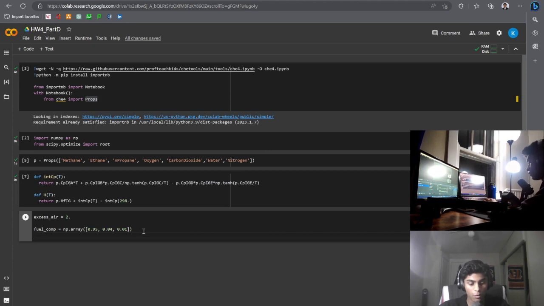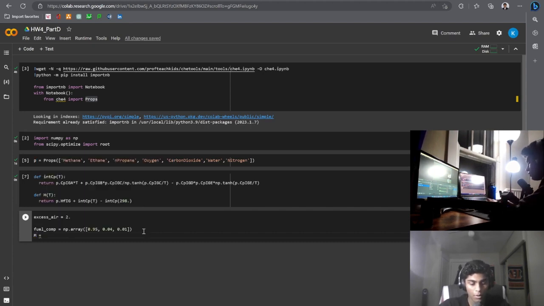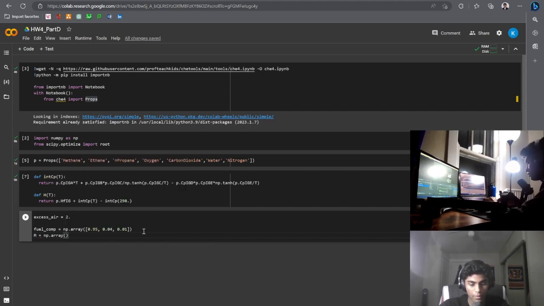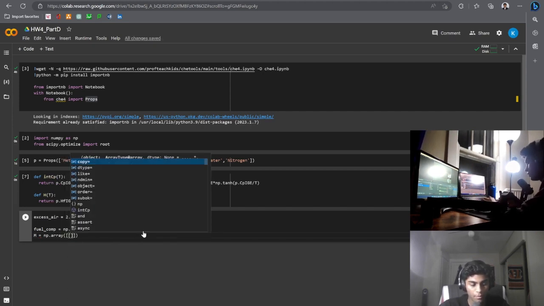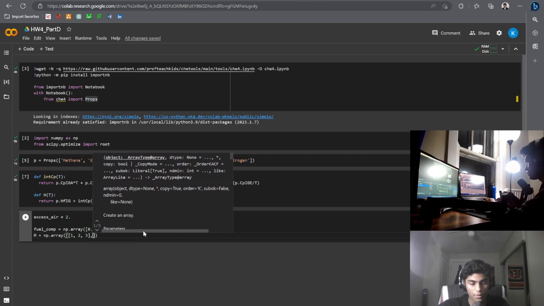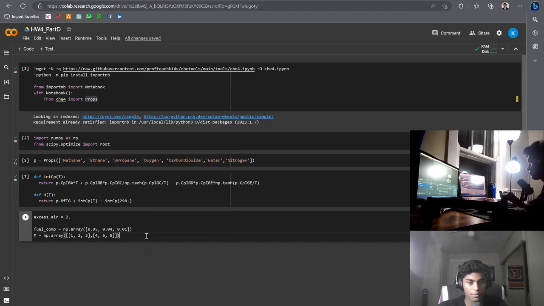And then for our matrix M, we'll call that M because it's the amount of moles, we'll create this array where I have 1, 2, 3 for the carbons, and then 4, 6, 8 for the hydrogens.